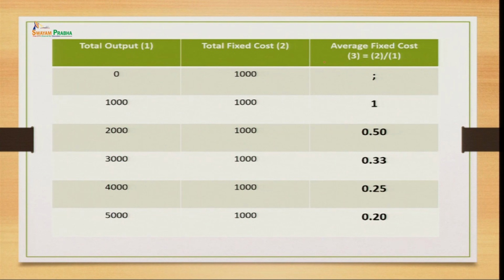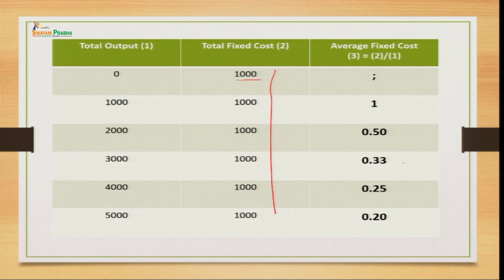Okay. So, let us see the way we are calculating this average fixed cost. In this table you can see we have total output, we have total fixed cost, and here we have average fixed cost. So, how have we calculated it? When the total output was 0, the fixed cost was still 1000, right, and as and when the output is increasing, you can see the total fixed cost is constant, it is not increasing, that we have already understood. The total fixed cost will remain fixed.